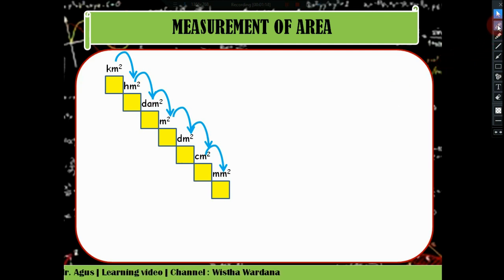So in every one step move down to the other measurement, you have to multiply by 100. From square of hectometer to square of decameter, you have to multiply by 100 also.